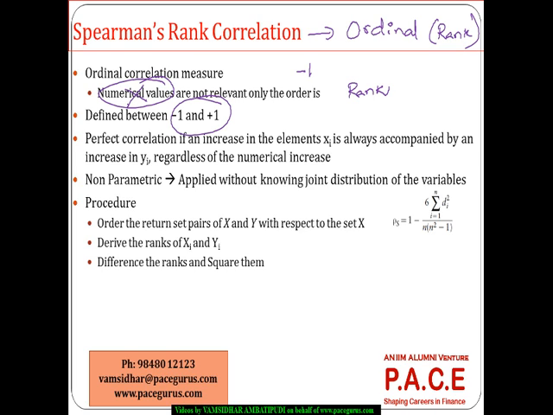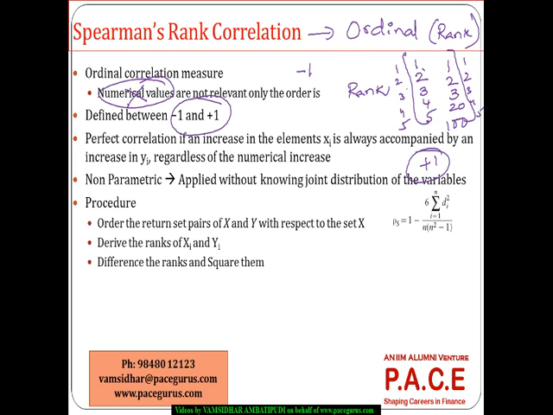So if I say the values are 1, 2, 3, 4, 5, or if I say the values are 1, 2, 3, 20 and 100, both will have the same kind of treatment, because rank-wise, even in ascending order, this is 1, 2, 3, 4, 5, and this is also 1, 2, 3, 4, 5. If I want to do a correlation between these two, here I'll get it as perfectly +1, because rank-wise there is no difference between both the groups.